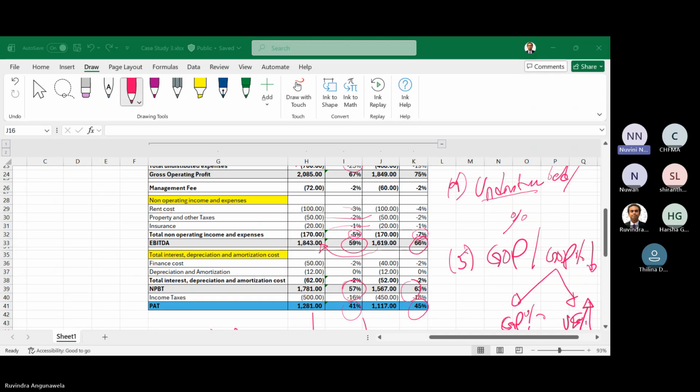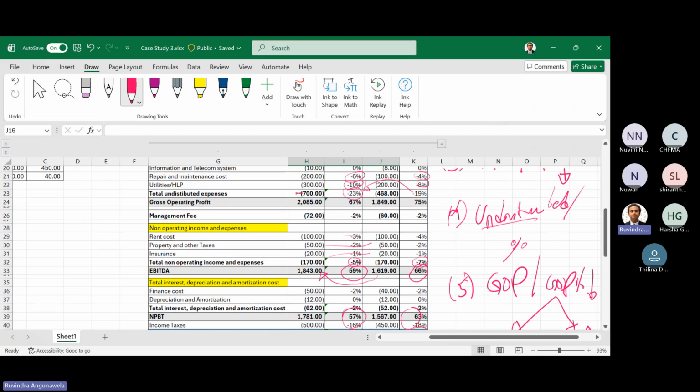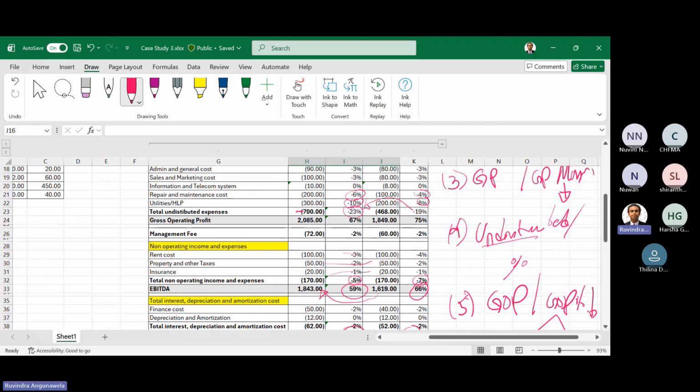I know you told about the reason to deduct that amount compared with the revenue. Yeah. So you're asking why it is going from 66% to 59%, correct? Yes. So it is basically a combined reason of the GP margin dropping. We discussed that.